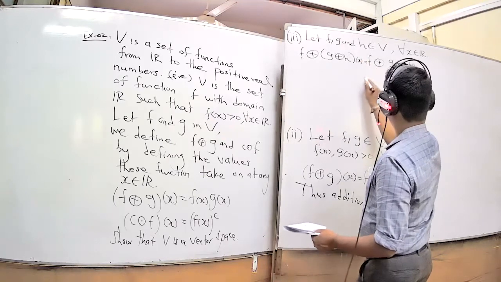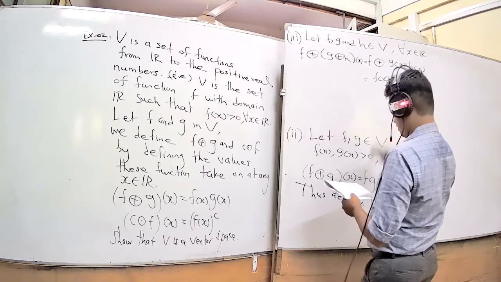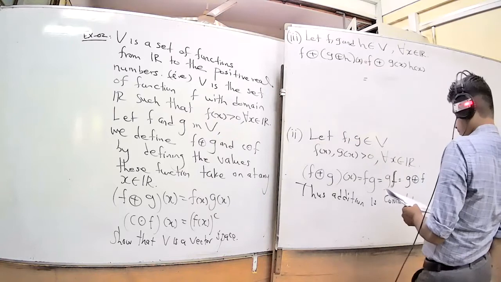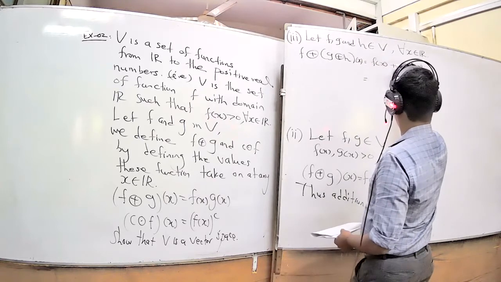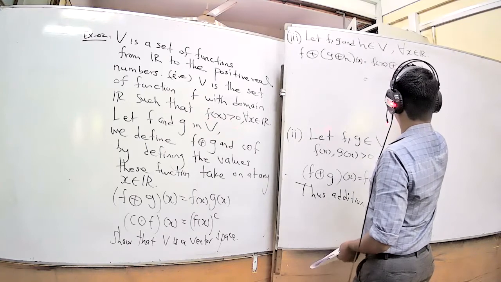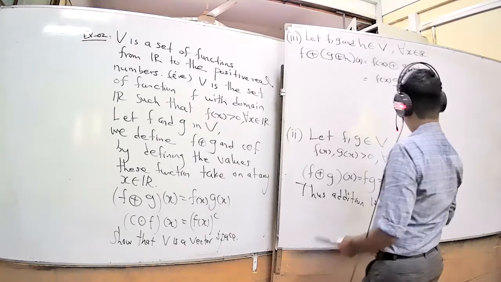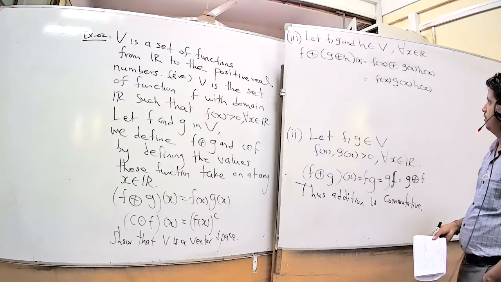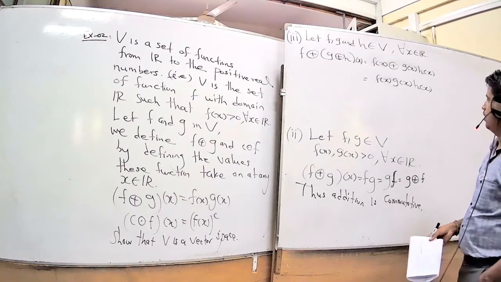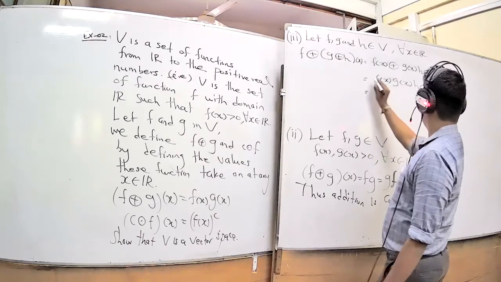You already know that this function also satisfies associativity, therefore you will write for this part like this.